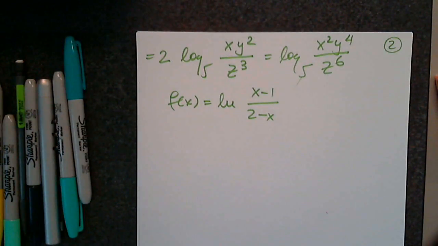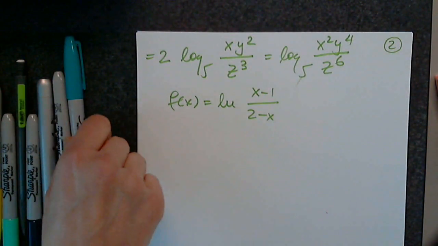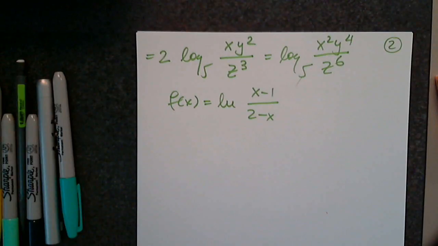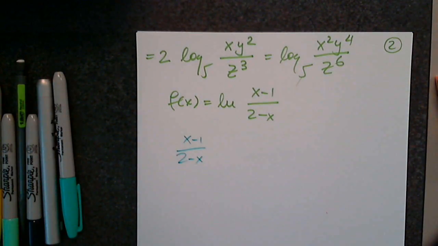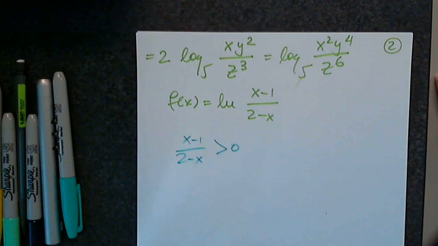What do I have to write? Yes, that's the restriction that I have to write on natural log. Correct. What do I have to write? X minus 1 over 2 minus x should be greater than 0. Awesome. That is the only thing I have to write.